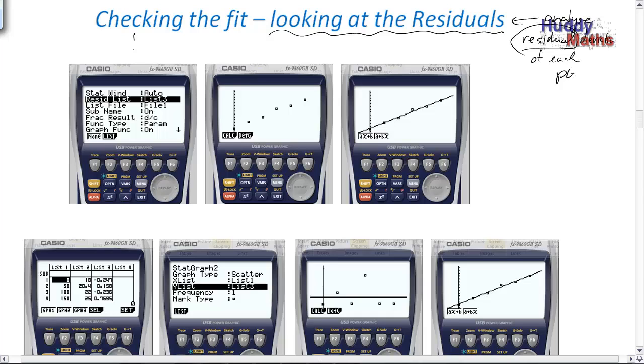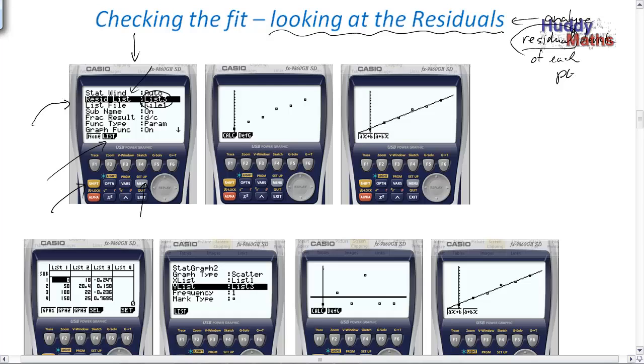Come to this window here. So you've got to go Shift to get to this window, Shift and Menu. And then it's a Stat window. And here's what we want, what's highlighted here. You might not have even known it lived in the calculator, residual list. And usually it's none. But you will hit List here and put it in a list which is convenient to you.